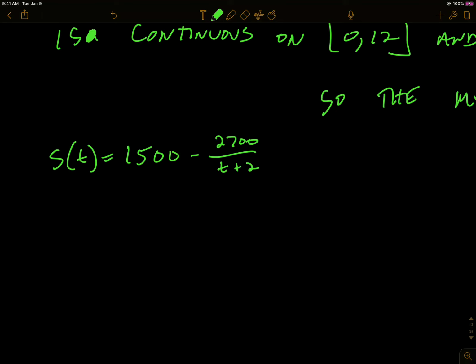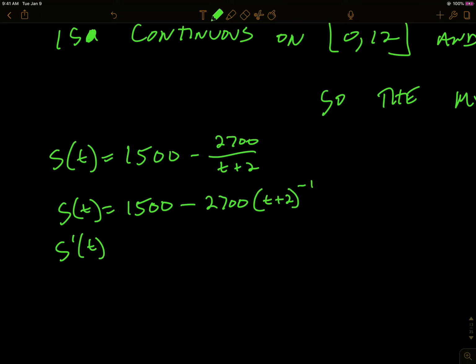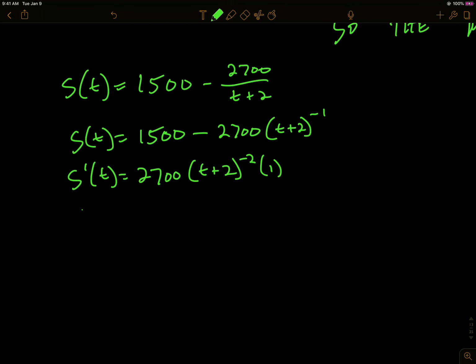Now let me rewrite this to make it better for a derivative: minus 2700 times t plus 2 to the negative 1. We can take our derivative, and the negative 1 comes down to give me 2700 times t plus 2 to the negative 2 times 1 by chain rule. So my derivative is 2700 over t plus 2 squared.